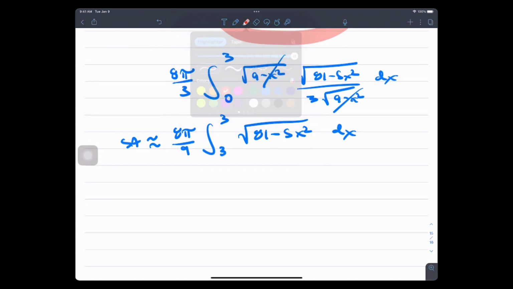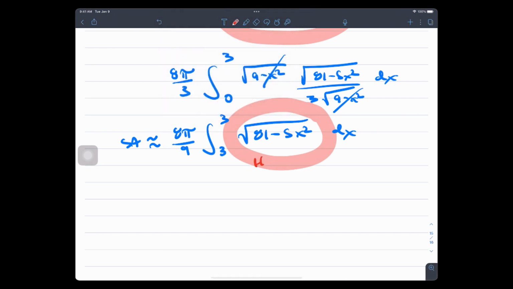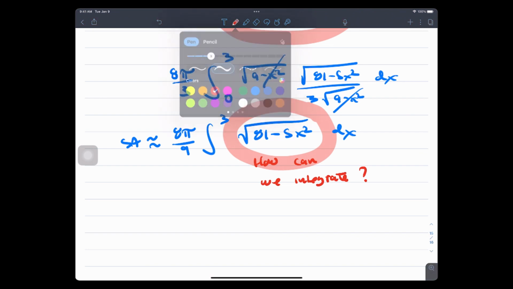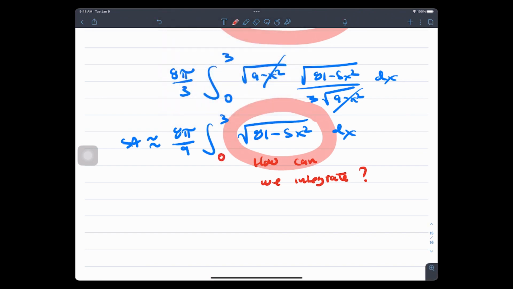So how would you guys integrate this? What do you think? How would you integrate this? What would you do? A u sub? And that's not from 3 to 3. What would you guys do here? There's a couple of things I think you can do. Here's 2 things you can do.